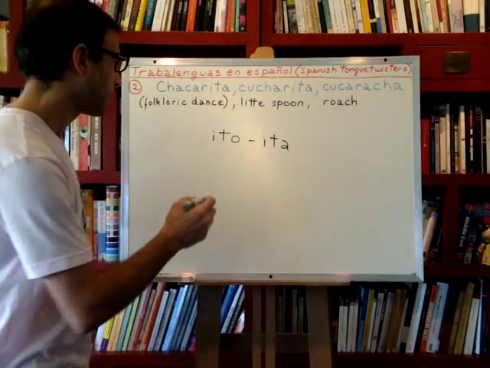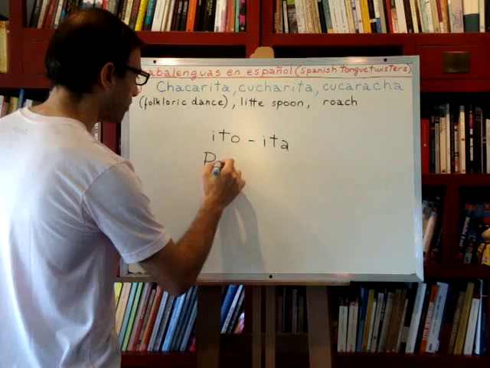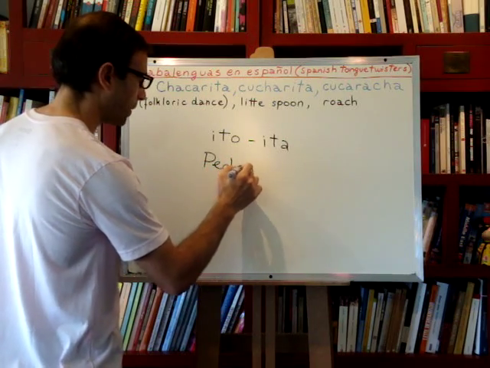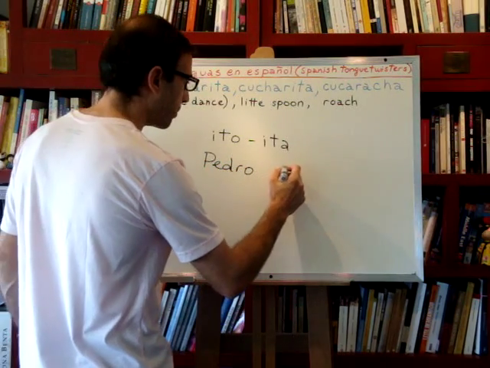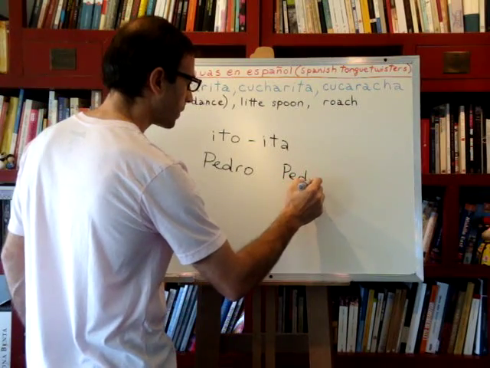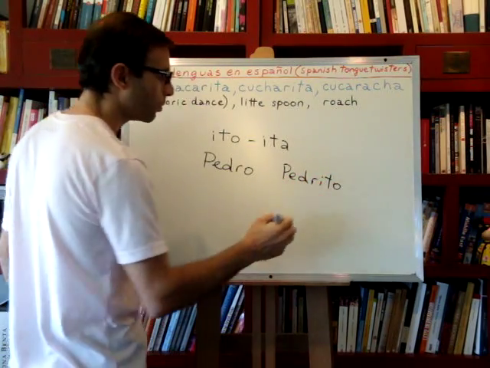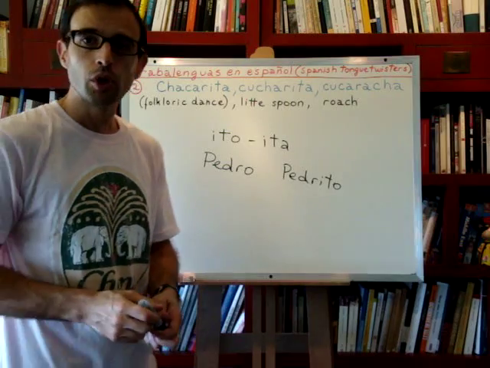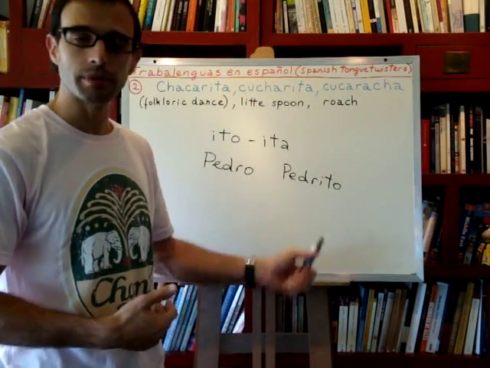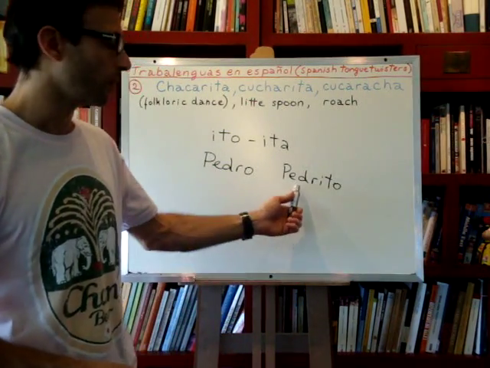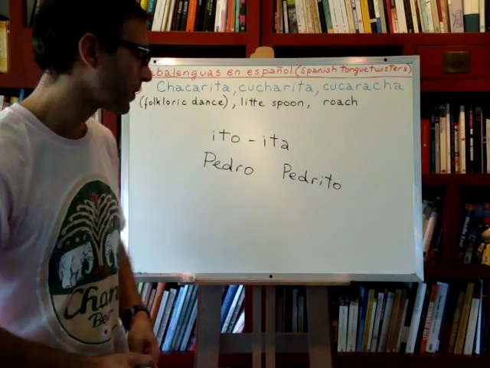For example, a name Pedro, okay? Pedro. I can call him Pedrito because he's a child or because he's very small, or also because I'm very fond of him. Yes? Pedrito, I can call him, right?